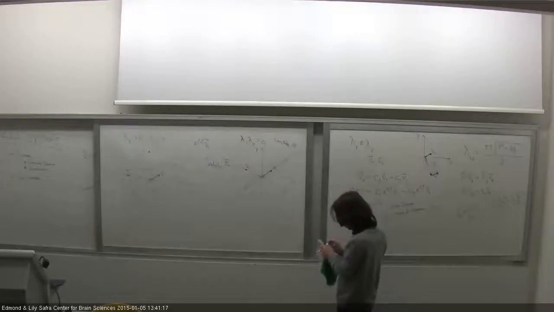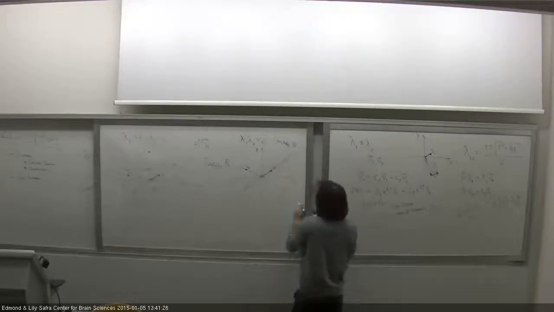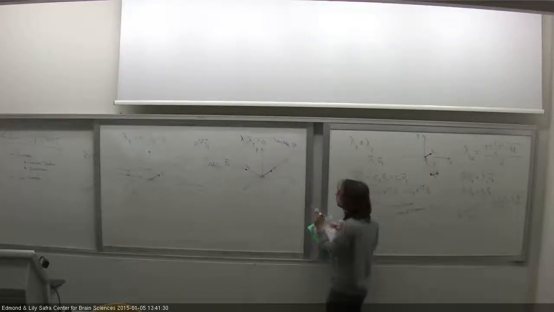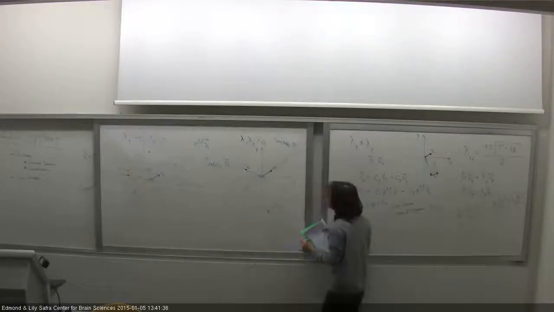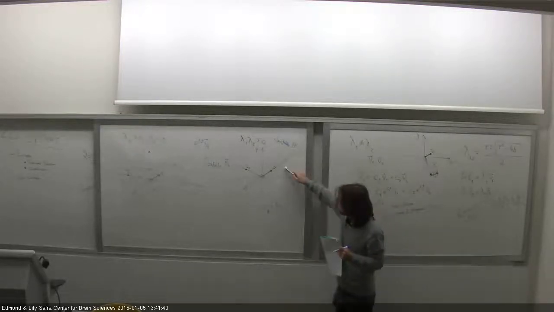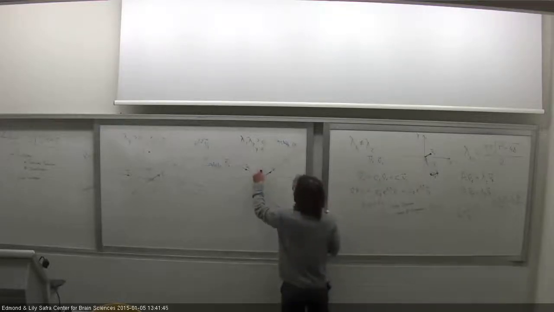What happens here? So we will have one of the lambdas larger than the other. So say lambda 1 is larger than lambda 2. So the growth along v1 should be faster. What I get is this.